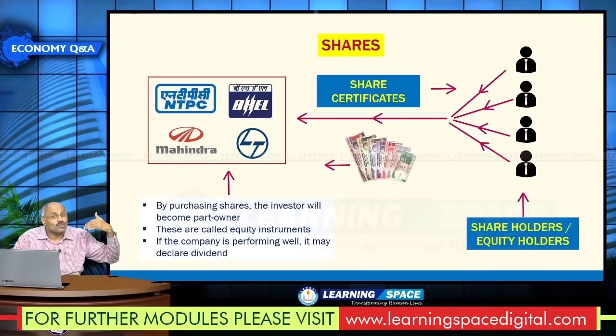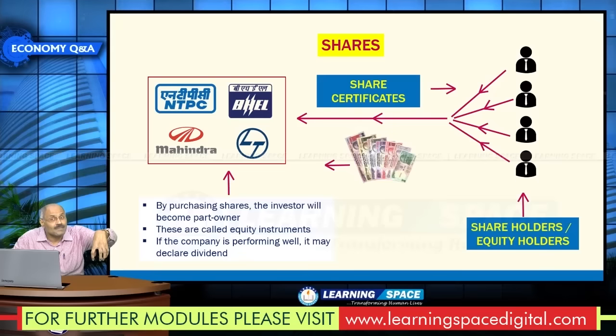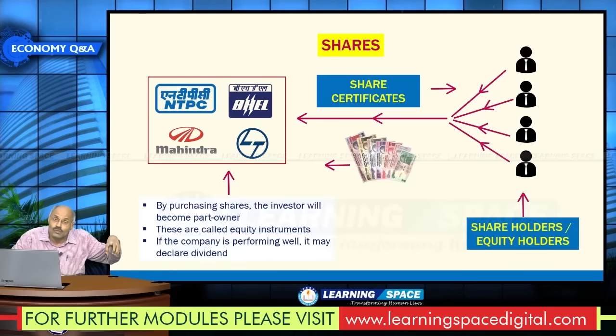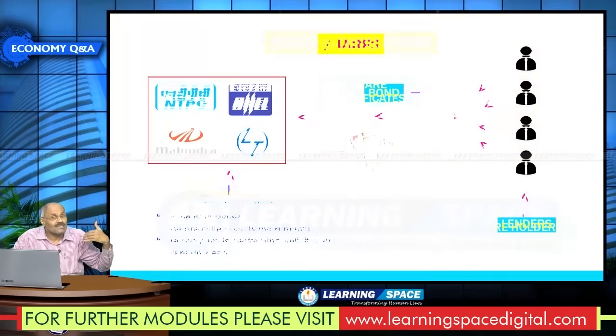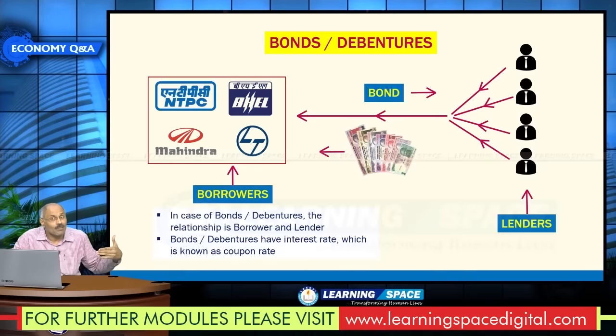When the company wants to expand, the first option is they can issue shares. Whoever subscribes to shares is called an equity holder, and shares are called equity instruments. When companies issue bonds or debentures, they will pay regular interest, and the interest rate is known as the coupon rate. This is the second important point.